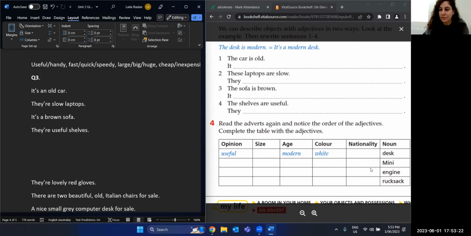And the nationality, British. Yeah, so British. So I can now make a sentence out of that. I can say the Mini is a 1965 red, white, and blue color British car. Or it is a 1965 red, white, and blue British Mini.